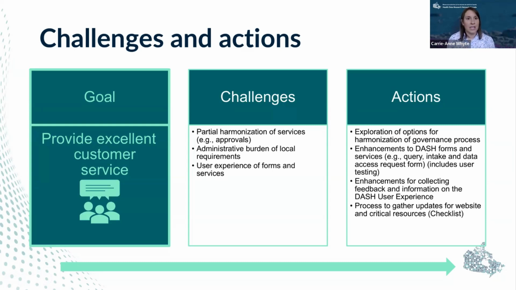And again, this is to respect the local requirements as well as legislation. So we have started doing some exploration around options for harmonization of these processes. And I know that this is a big item on the privacy working group's work plan this year.